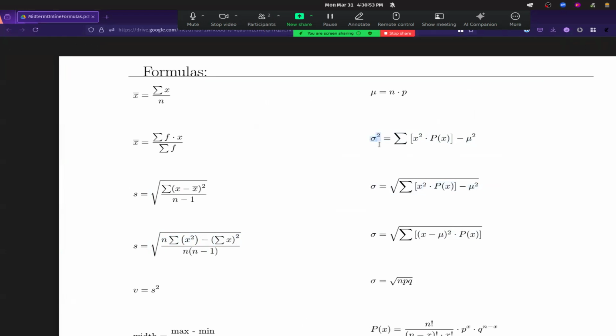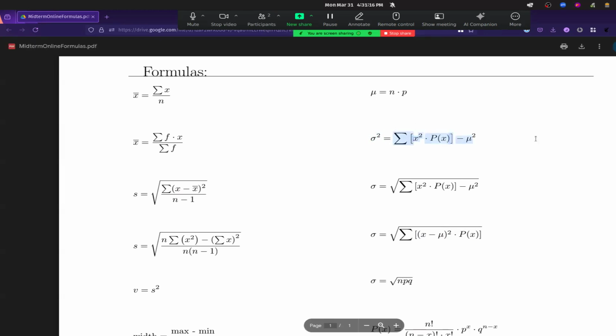It's kind of pointless for that reason, because it doesn't do anything special for us. But we call it variance as opposed to standard deviation when it's like that. We use variance in some equations, and standard deviation in other equations, but the way you calculate it is exactly the same.